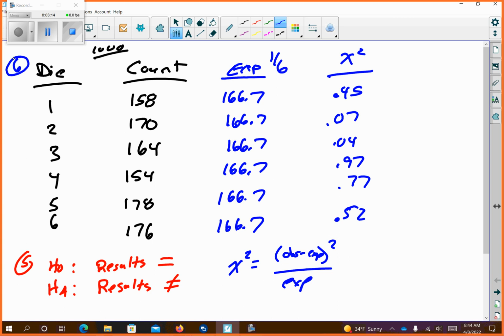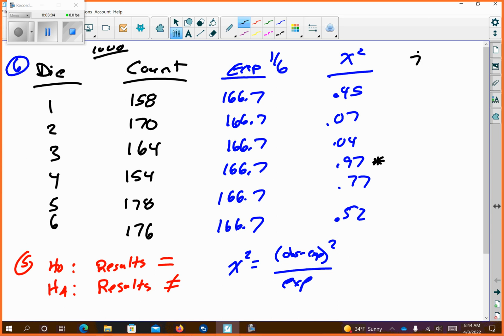Number 7, which outcome produced the largest chi-square value in the context? Explain what having a largest chi-square measures. So it looks like 4 has the highest.